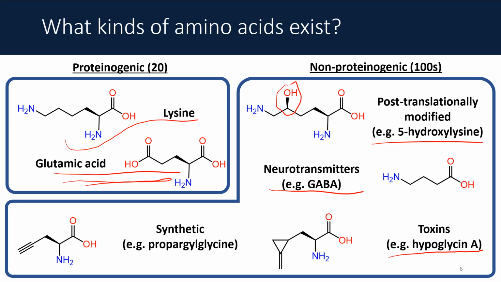And lastly, some amino acids are completely synthetic. Propargyl glycine has a very unusual alkyne in its R group, which is a functional group that's not really found in biology. And this is valuable to scientists because we have ways of hacking in this amino acid into specific proteins.